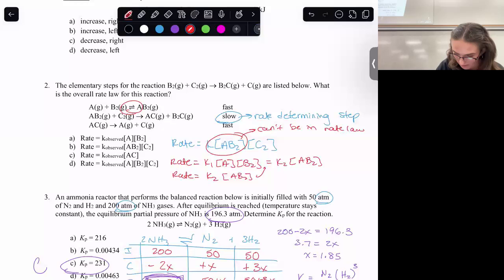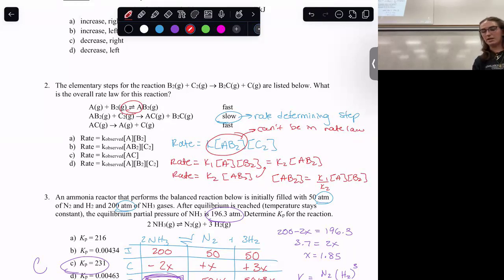So this becomes AB2 equal to K1 over K2 times A times B2. Right, we can't have the concentration of AB2 in our rate law.